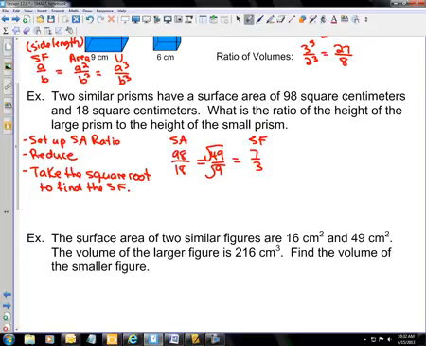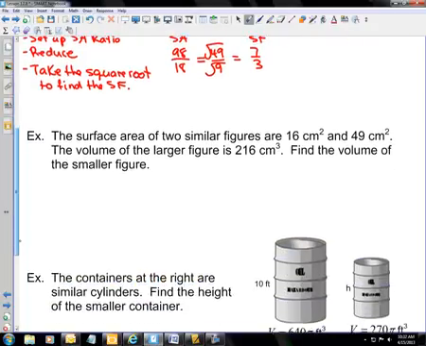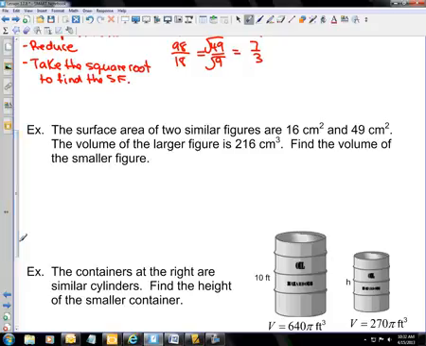All right, here's another one. The surface areas of two similar figures are 16 centimeters squared and 49 centimeters squared. The volume of the larger is 268 centimeters cubed. Find the volume of the smaller. We're given surface areas and one volume, and I need to find the other volume.